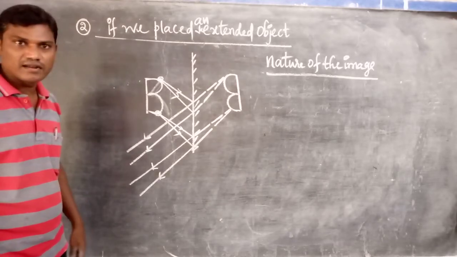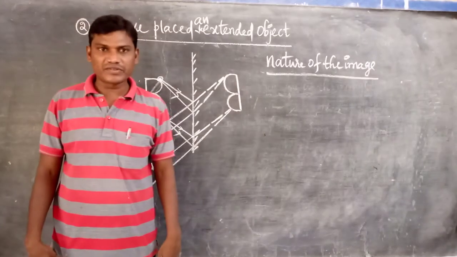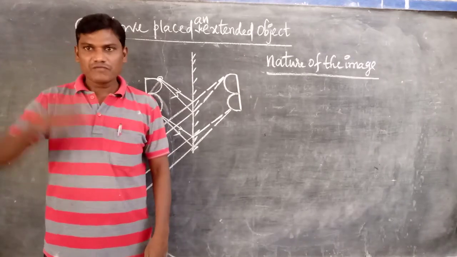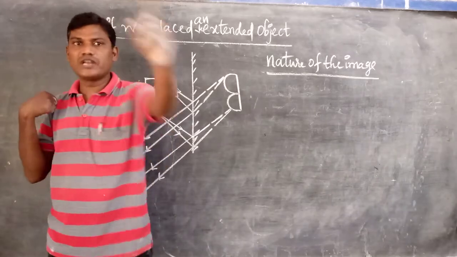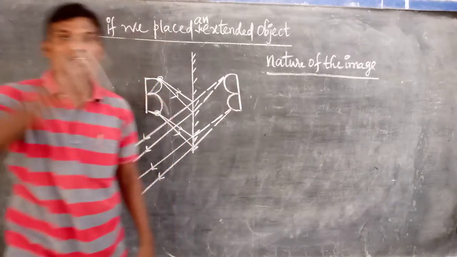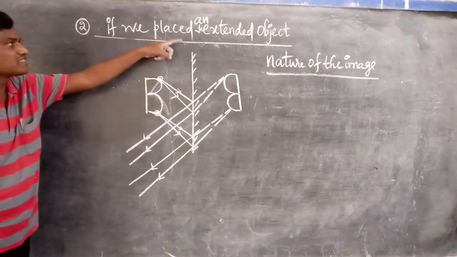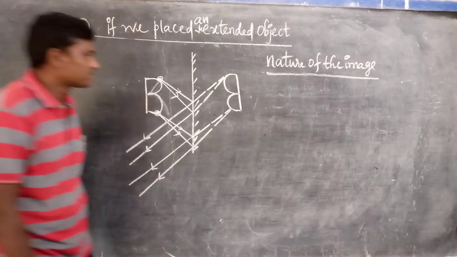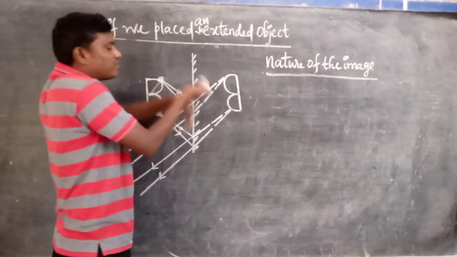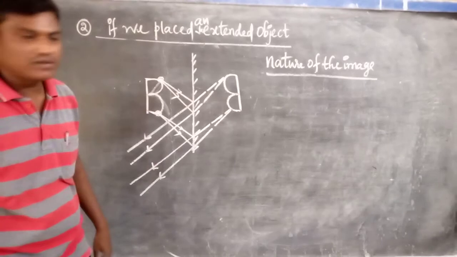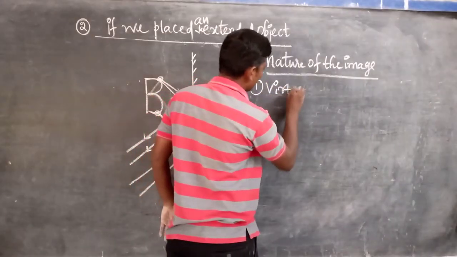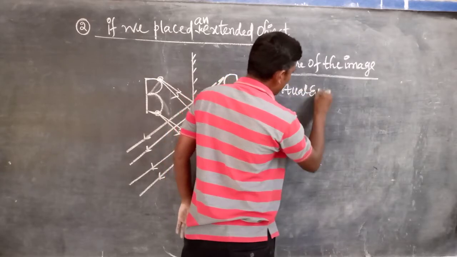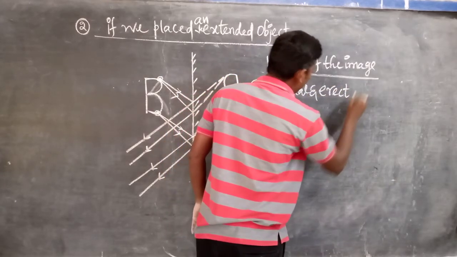Is it correct or not? When you stand in front of the plane mirror, the right appears as left and the left appears as right. That you observe in the case of which one? The extended object. That's why the letters appear in reverse mode. Virtual and erect or upright image.